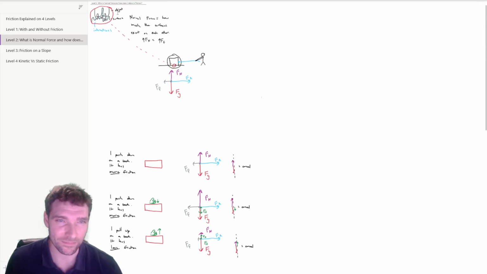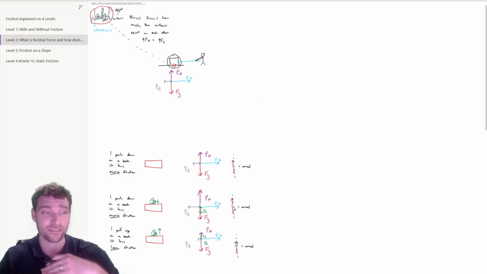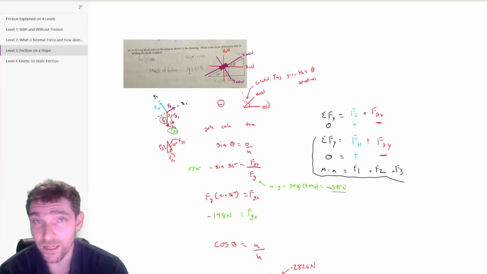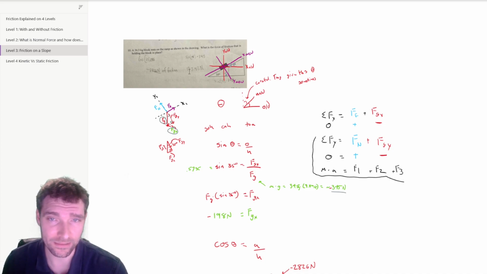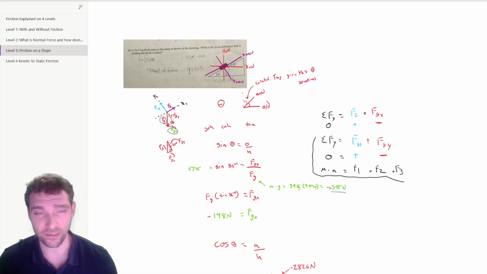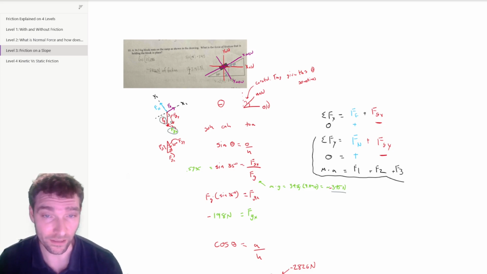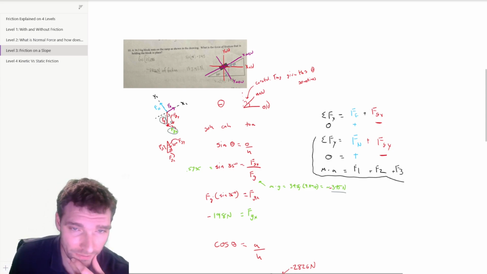It really is how much contact these two things have, and that's going to cause these interactions. So it's very common for you to see physics problems on slopes, and they might have some friction, and you oftentimes need to relate that friction to the kinetic motion, so maybe the acceleration of the block. You can see in this problem, this is a great example of how you would need to use force of friction.